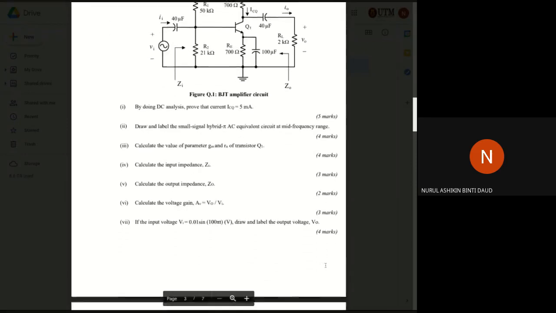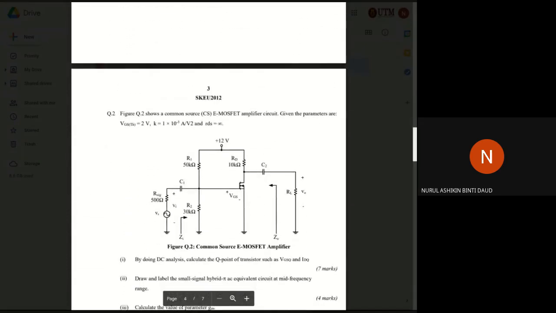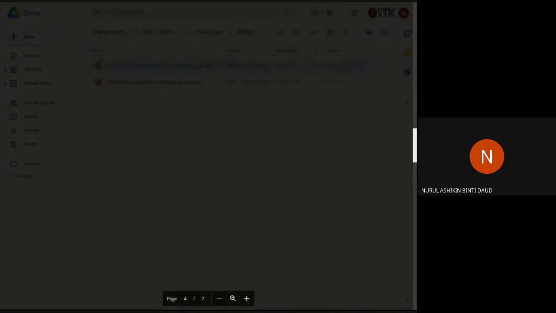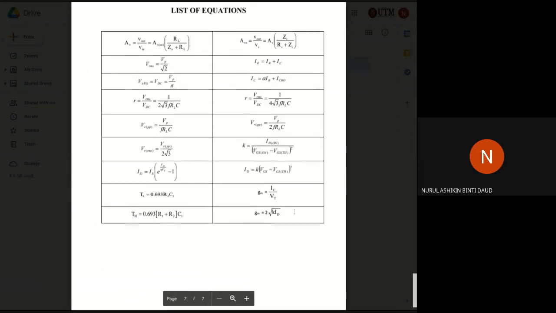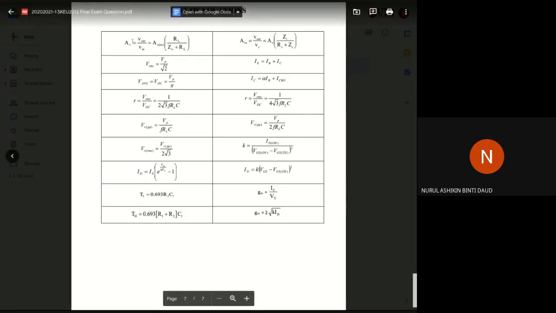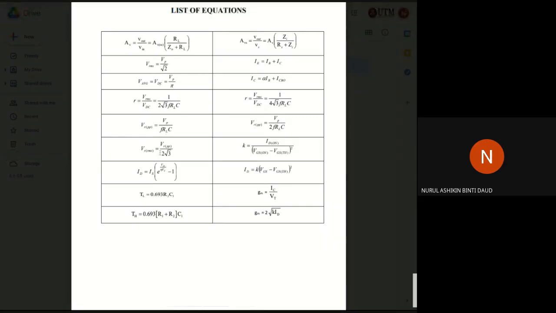So there are lots of marks in these questions, and this is MOSFET. The list of equations given to you is this. So gm is included, and Av is also included, Avs is also included, and others also.